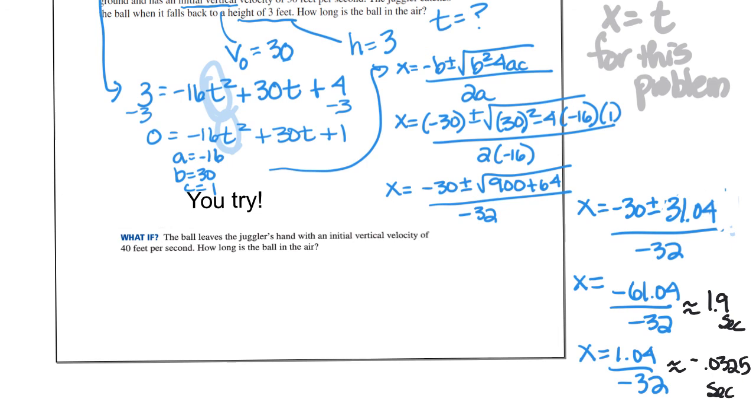And because we're saying how long is the ball in the air, I hope you can tell that it should be that one, because a ball can't be in the air for a negative amount of seconds. So you're usually going to end up with one that works and one that would not make sense in that scenario. And it makes it very obvious which one you should choose.